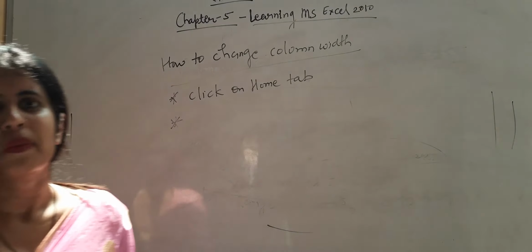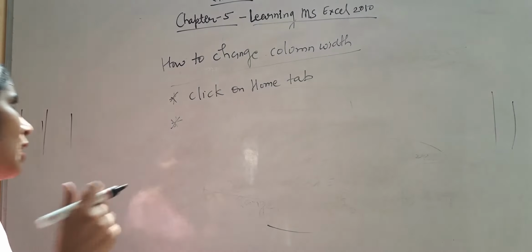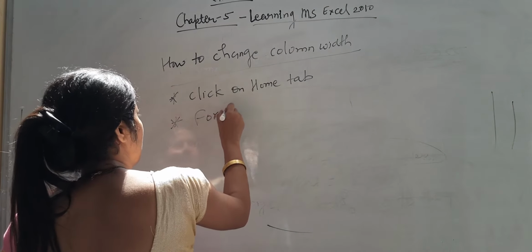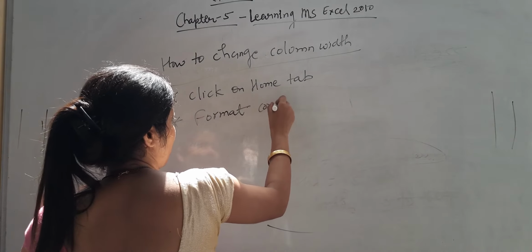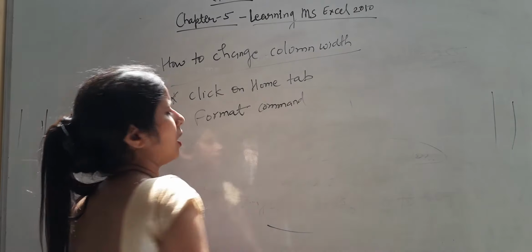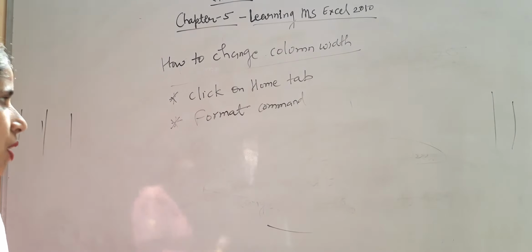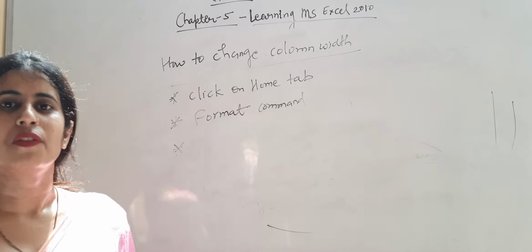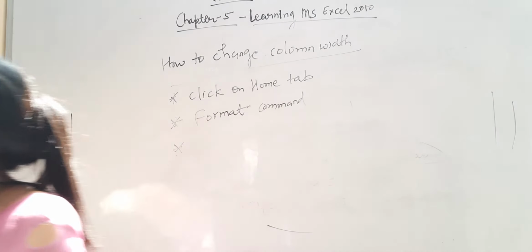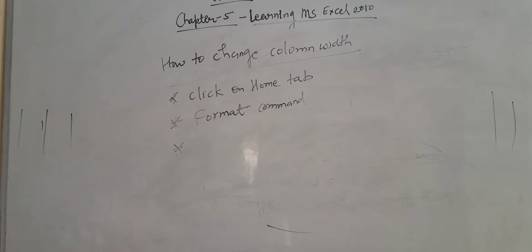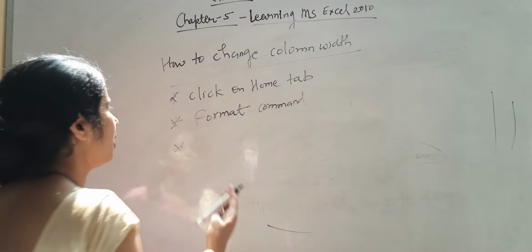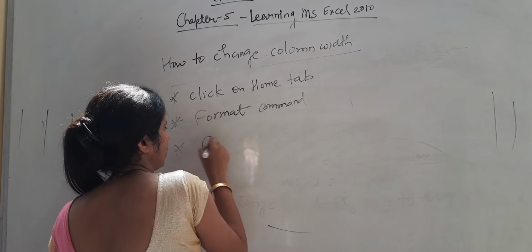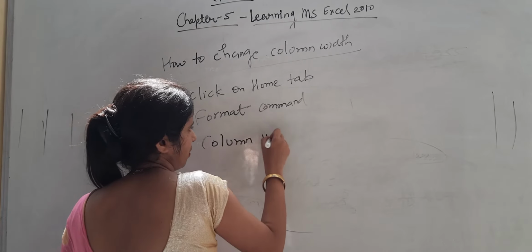When you click on the home tab, you will find a format command there. When you click on this format command, you will find an option known as column width.